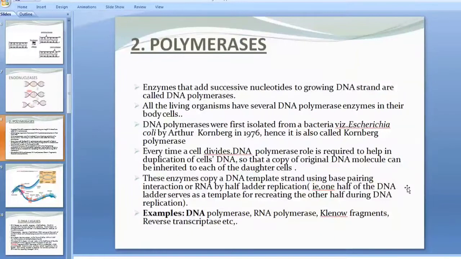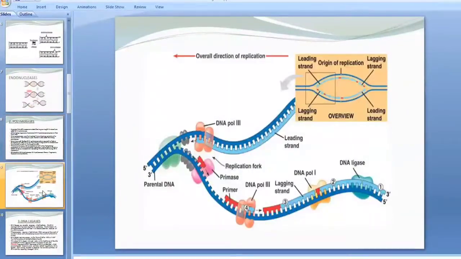Polymerases almost all have the same function, whether it is DNA polymerase, RNA polymerase, Klenow fragment, reverse transcriptase, and so on. So what is the main function? They can add successive nucleotides to the growing DNA chain so that elongation of the chain can take place.